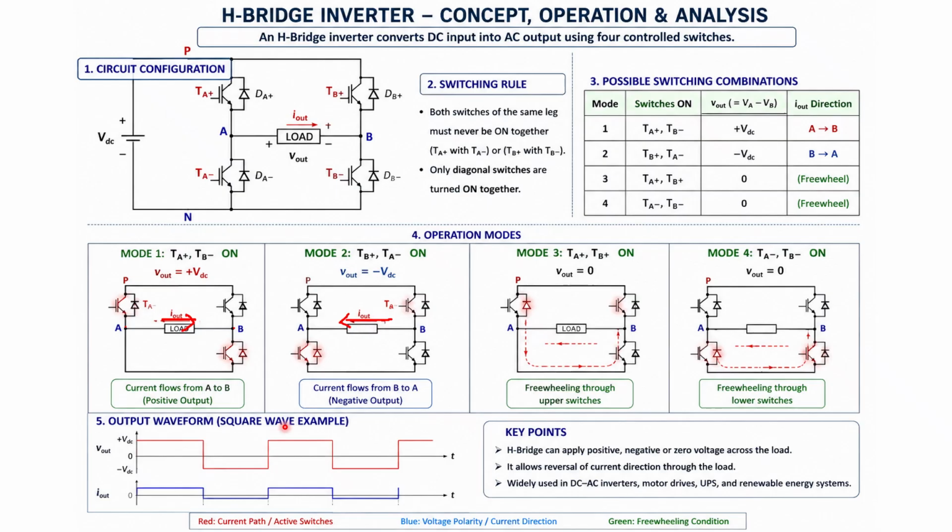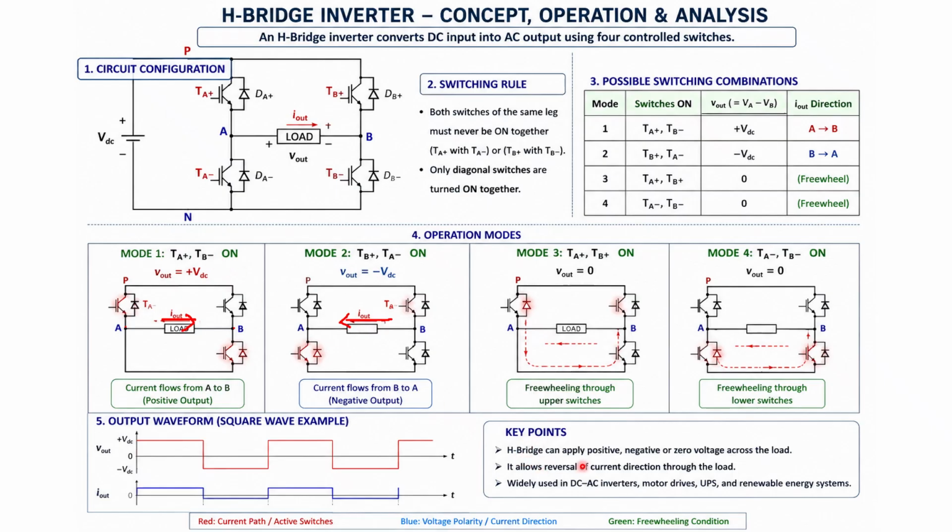So four quadrant operation is also possible over here. This makes it suitable for reversible DC drives and AC motor drives. Especially when you have regenerative braking, you need a bidirectional inverter. So this can be used as a bidirectional inverter.